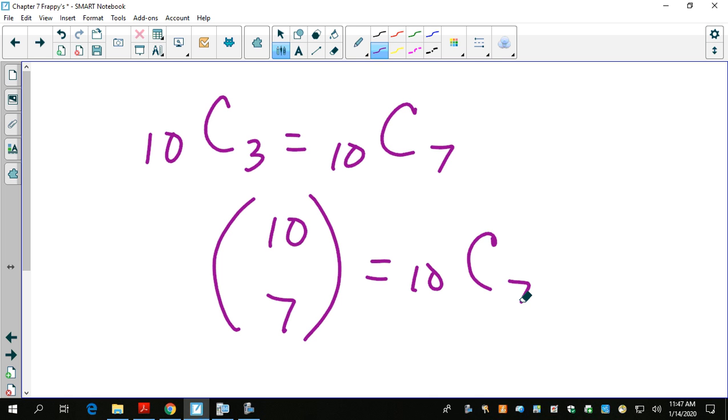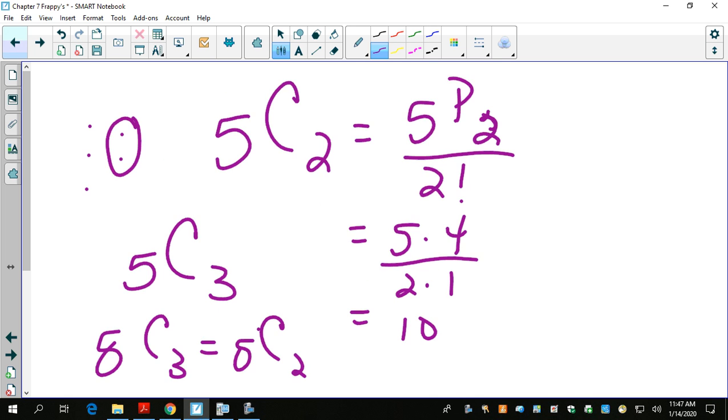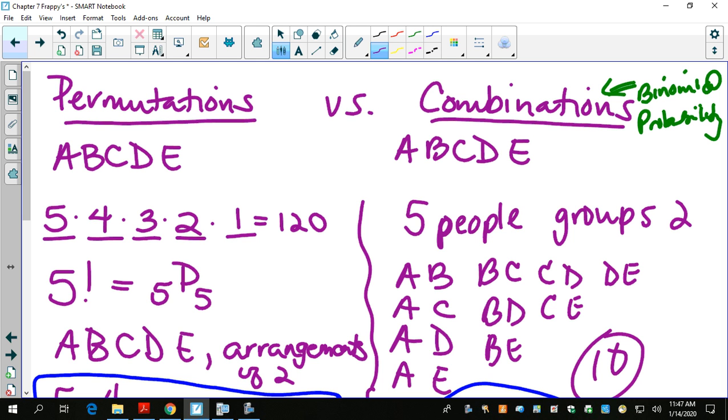Okay, so just to recap, permutations: order matters, keywords are arrangements, lineups, number of ways. For combinations, order is not important, and the keywords are groups, teams, committees.